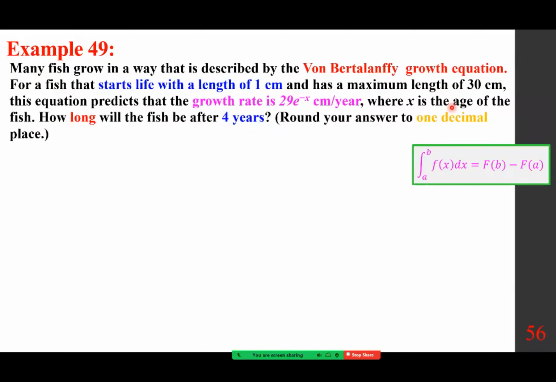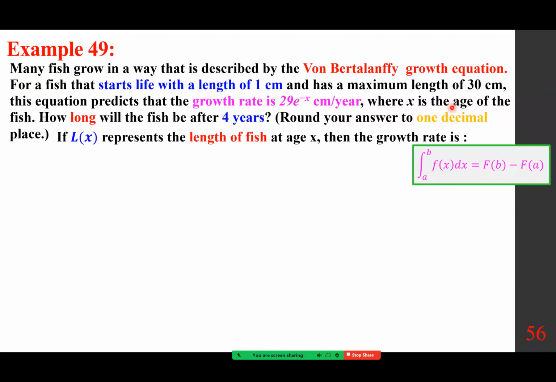Excellent. All right, so if we let L of x represent the length of the fish at any age, then this is its derivative. So L prime or dL/dx is that one, with the initial value being 1 centimeter. There are two ways to do that.